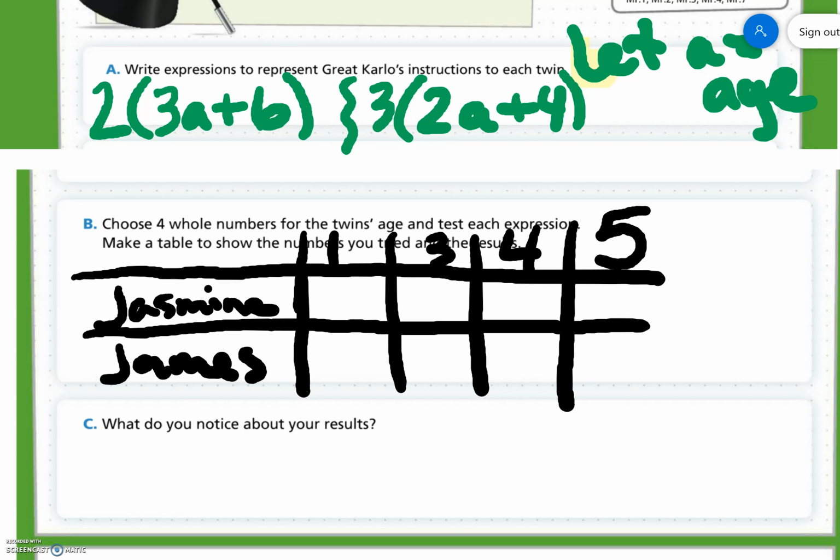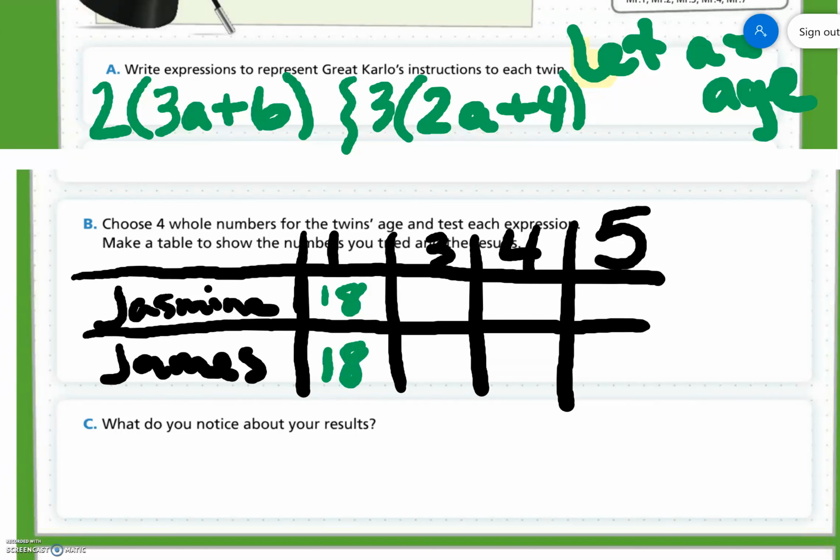So we're going to plug in for Jasmine and James. For Jasmine, so it would be 3 times 1 is 3. Plus 6 is 9, times 2 gives me 18. James, 2 times 1 is 2, plus 4 is 6, times 3 is also 18.